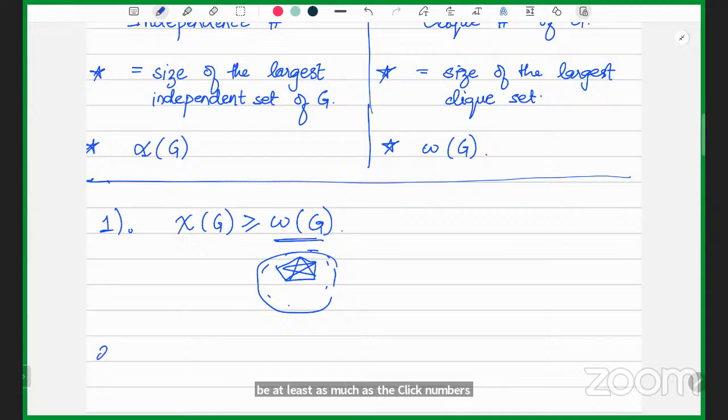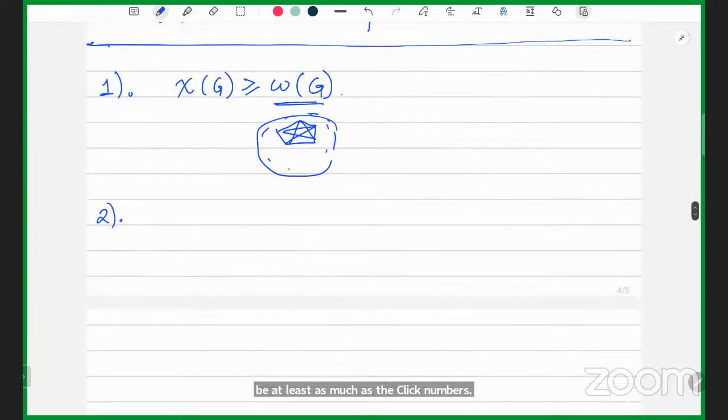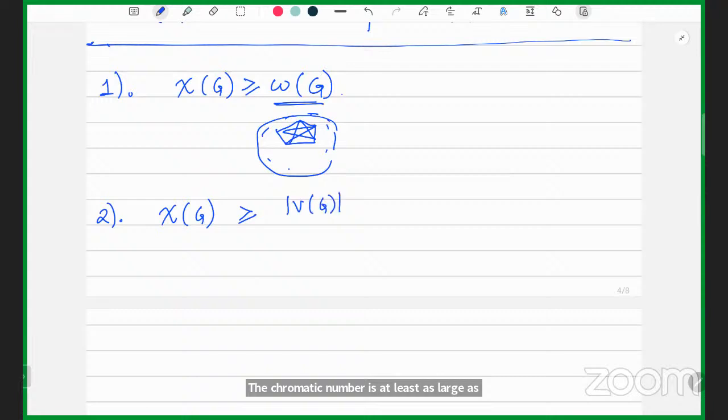Second bound is that the chromatic number is at least as large as the cardinality of the vertex set divided by the independence number. Why does this hold? If you see the vertices that appear in any independent set, they can be given the same color, right? Let's come back to the example.